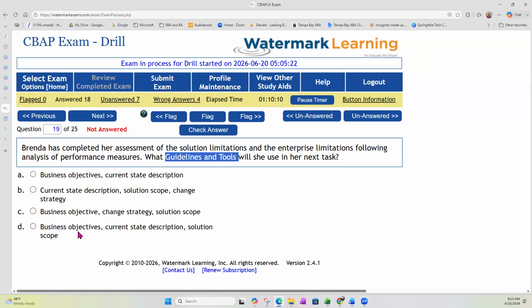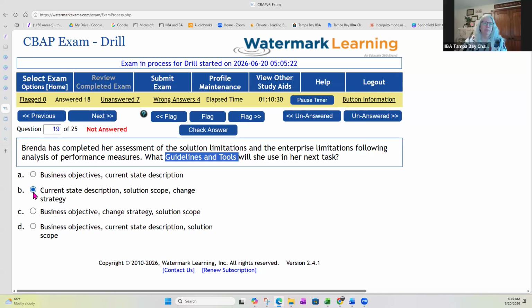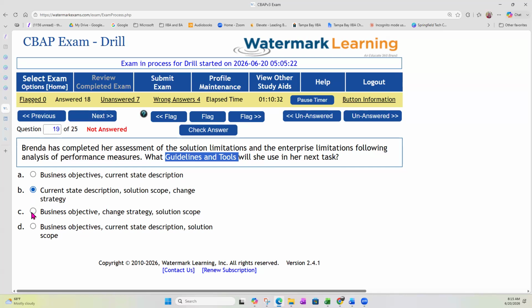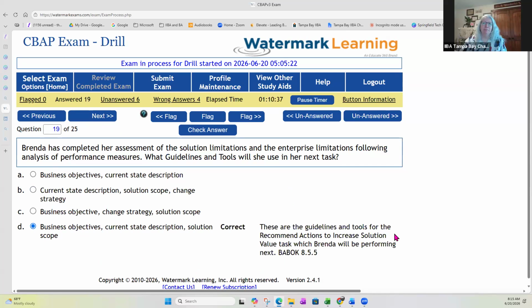So now she needs to look at the current state description and solution scope. Okay, are you saying D is the correct answer? Yes. Okay, let's test D. These are the guidelines and tools for the recommend actions to increase solution value task, which Brenda will be performing next. You guys got it.